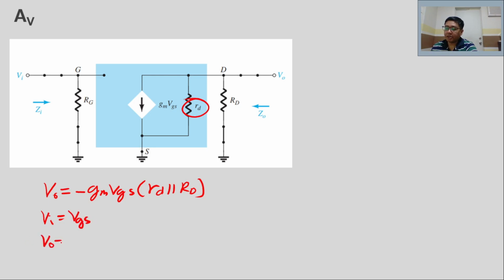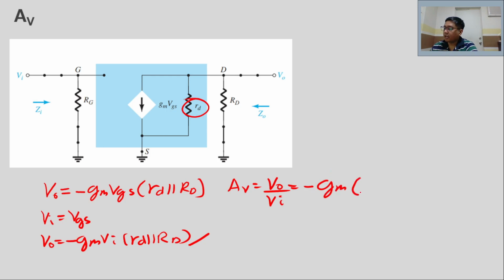Rewriting the equation for the output voltage, we have negative G sub M times V sub I times r sub d parallel with R sub D. And then getting the equation for the voltage gain, we have output voltage divided by the input voltage from this equation. That's equal to negative G sub M times the output resistance r sub d parallel with R sub D.